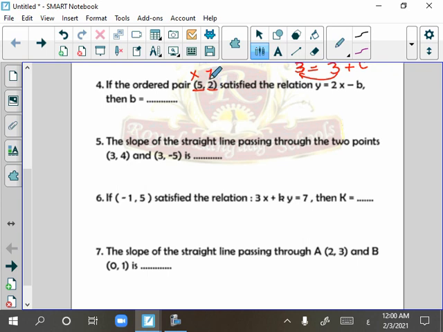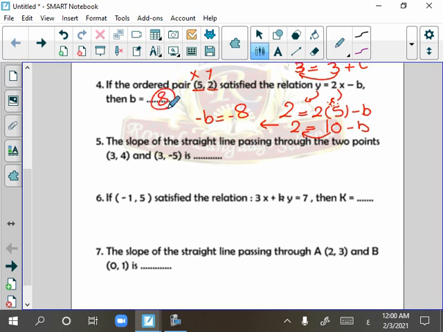When we substitute y with 2, 2 equal 2 times 5 minus b, 2 equal 10 minus b, then negative b equal, when 10 goes to the other side, negative 8, then b equal 8.